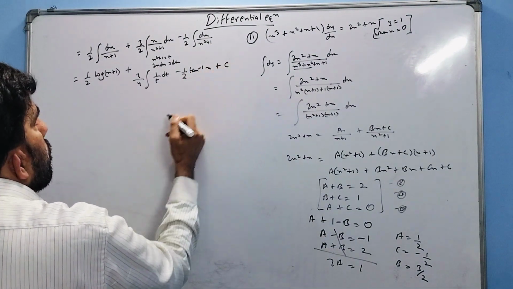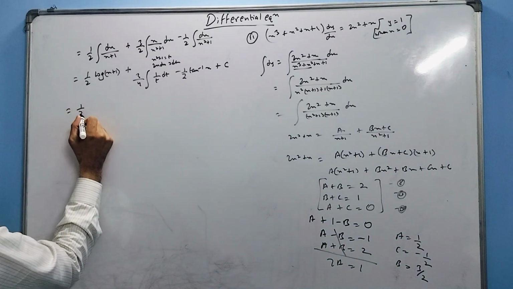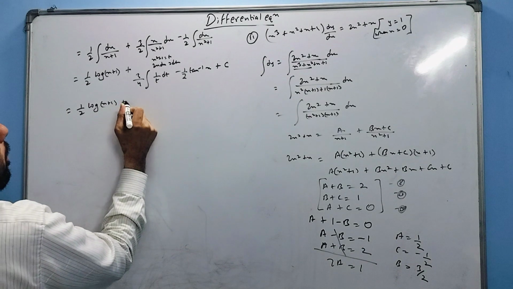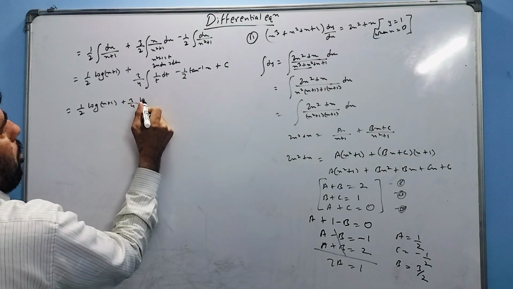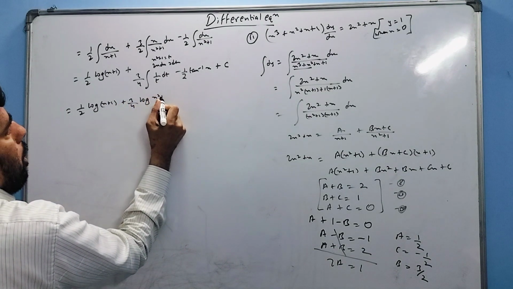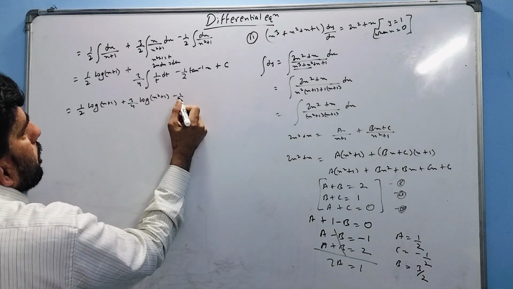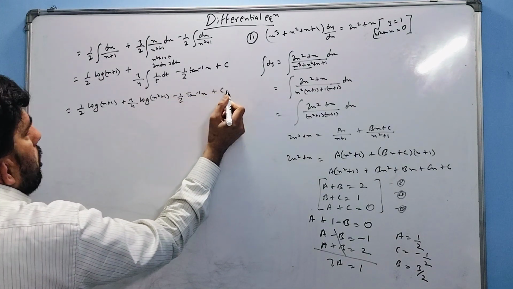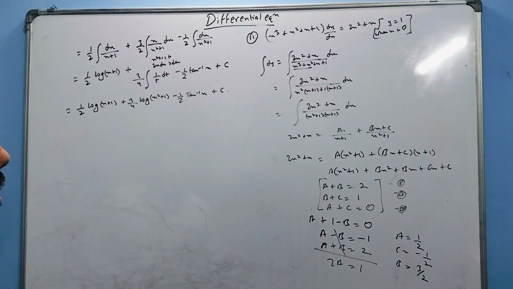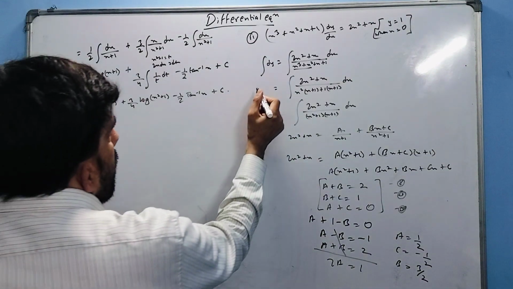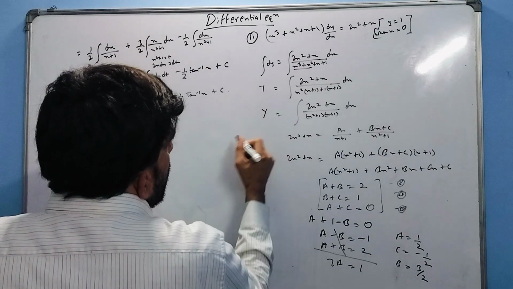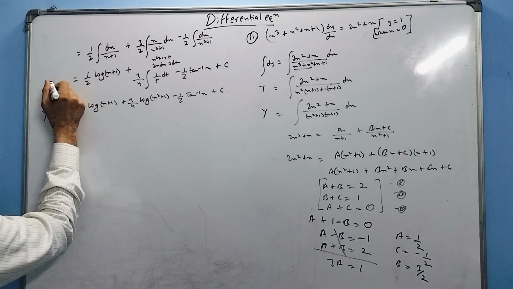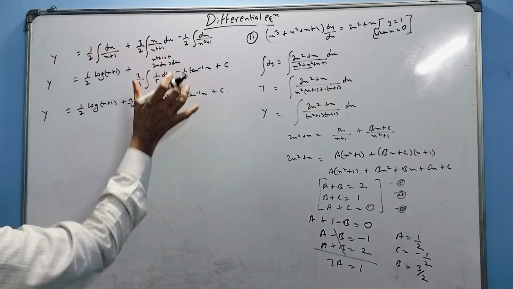So now we have 1 upon 2 log of x plus 1 plus 3 upon 4 log of t, that is x square plus 1, minus half tan inverse x plus c. So this is what we have here, that is y is equal to this much.